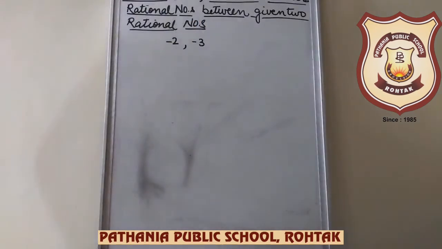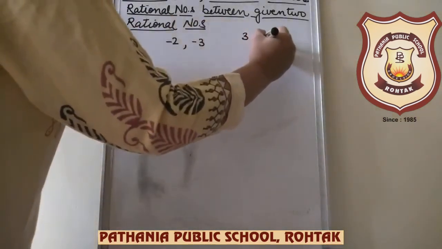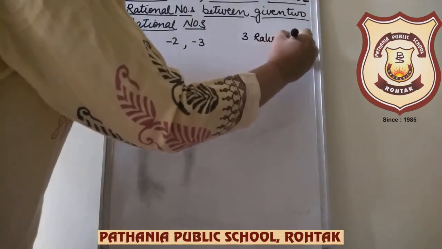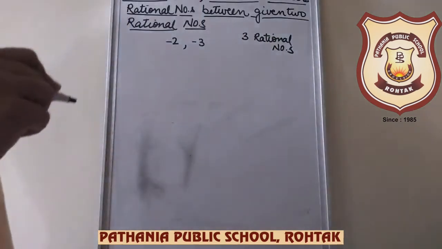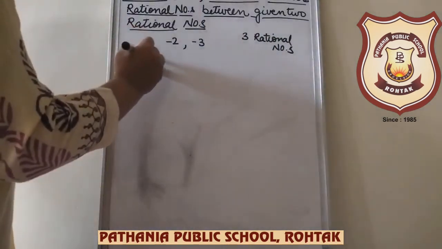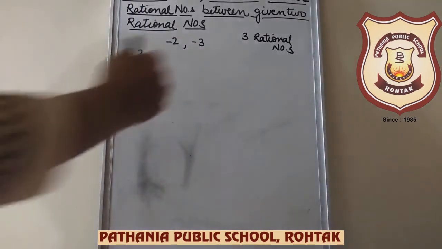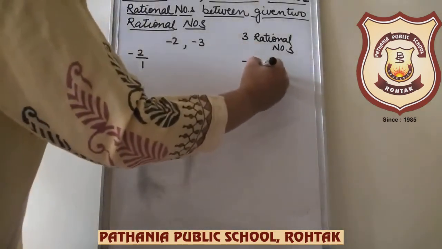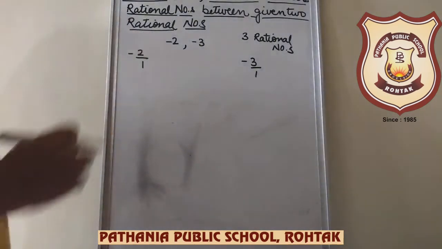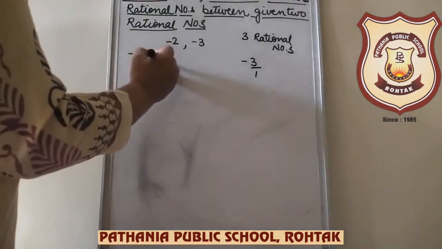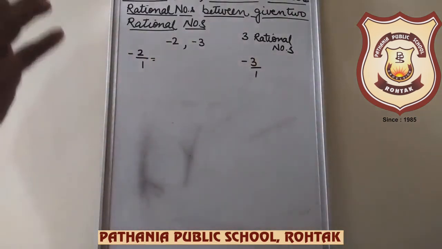You have to find three rational numbers between these two. So first step is to convert them into the form of P upon Q. -3 upon 1. So now this is P upon Q form. LCM is 1 because both are like denominators.